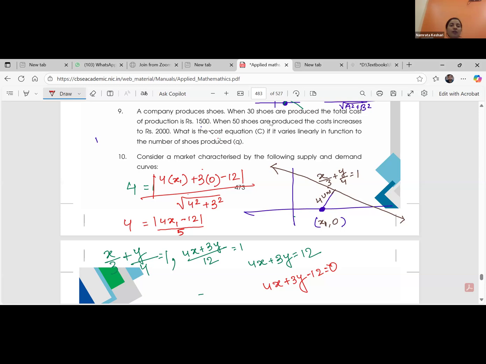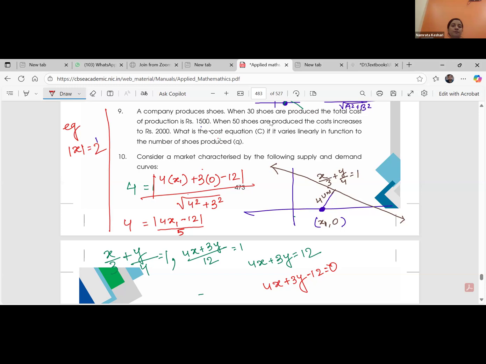Can you recall one day I was telling you that when a mod is there, two situations will arise? For example, if you have mod x equals 2, then x can be just 2 or x can be minus 2 as well.